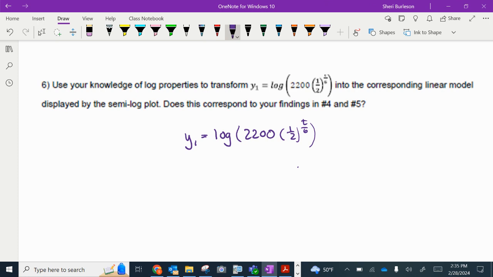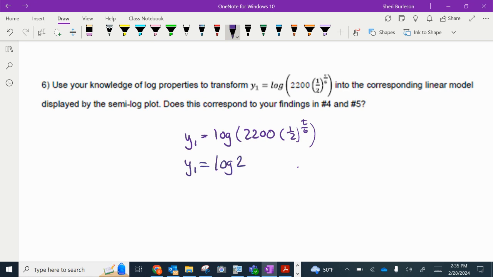Log properties. Is this t to the 6th, raising both of these to that power? It's only on the 1/2, so I can't bring it out front yet. Would you agree? But do I have a product here? What do I do if I have a log of a product?